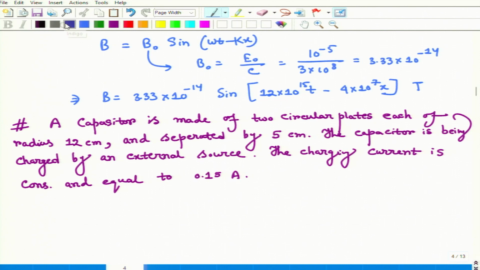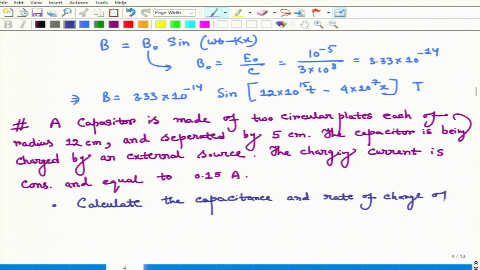First question is calculate the capacitance and rate of change of potential difference between the plates.